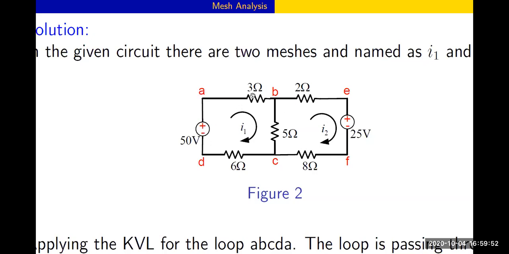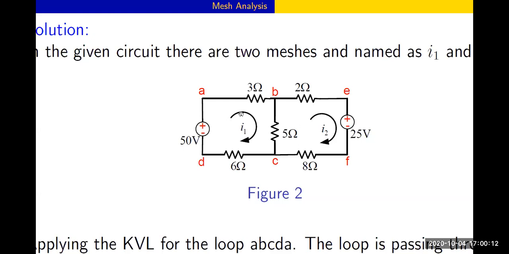I will call it A, B, C, D, the first mesh. The second mesh is B, E, F, C, with current I2. The elements here are 2 ohm resistance, 25 volt supply, 8 ohm resistor and 5 ohm.